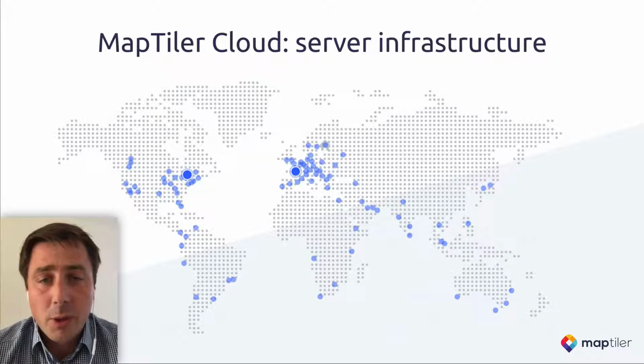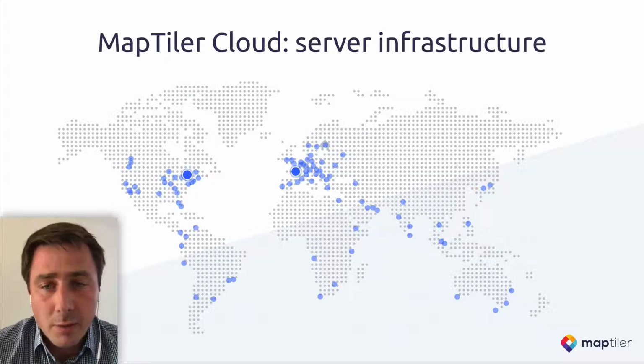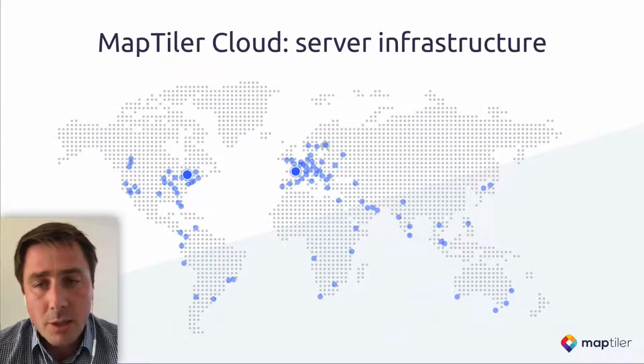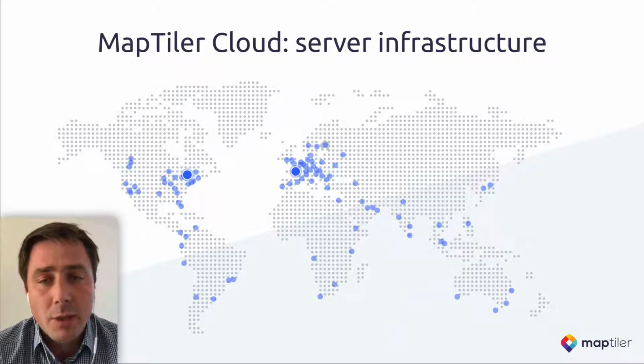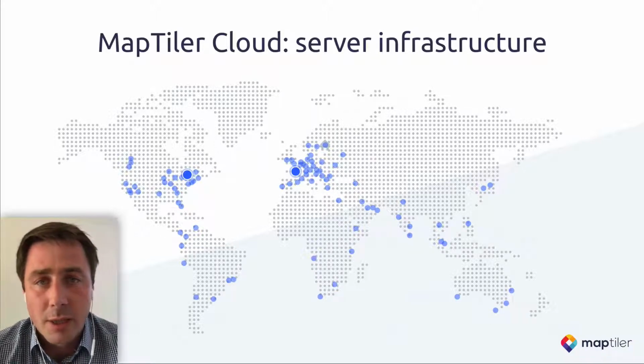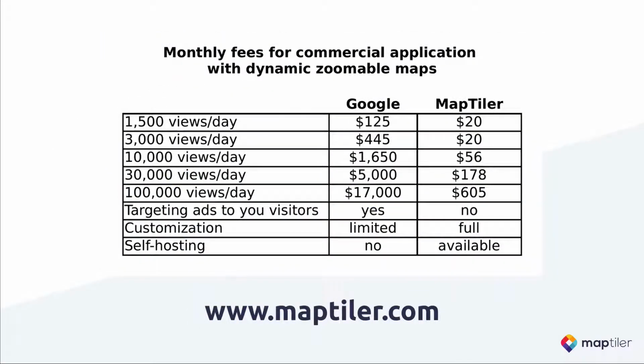The cloud which we operate is in fact powered by over 120 servers all around the globe, and the maps are served from two core data centers, one in North America and another in Europe, and we are soon going to launch a third one in Australia. Our pricing is extremely competitive.